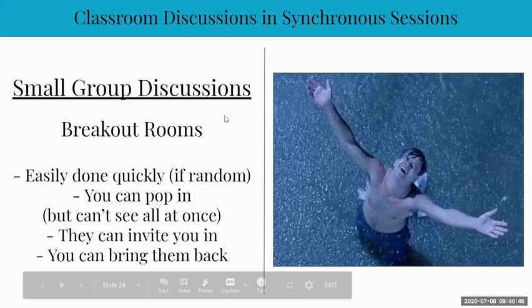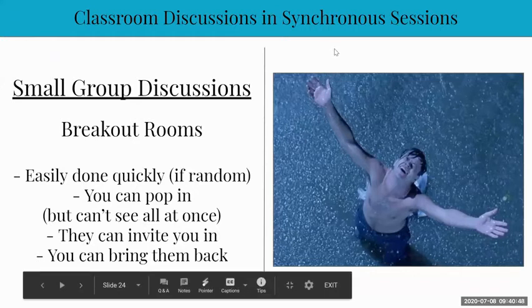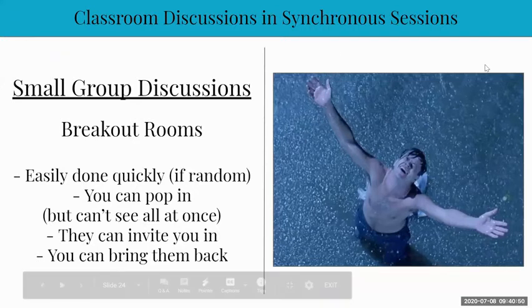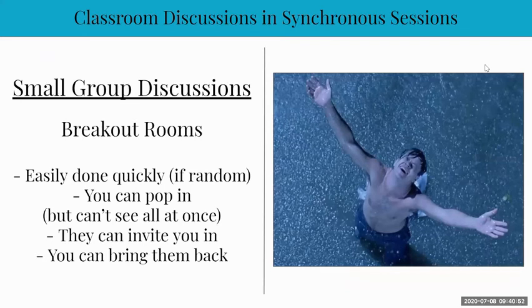So, breakout rooms, some people had questions about them earlier. I just want to elaborate on a few things. They're easily done very quickly if they are random. When we put you in groups earlier, we just selected the number of rooms, and that gave us the number of people in each room, and we didn't think at all about who was going to be in rooms with whom.